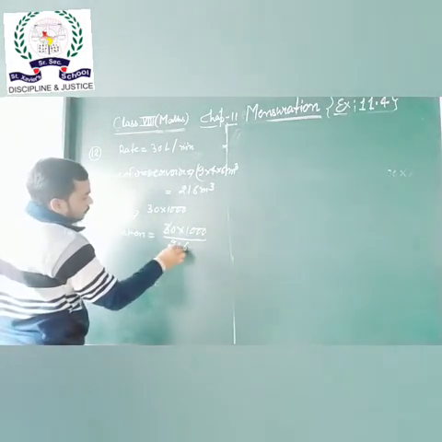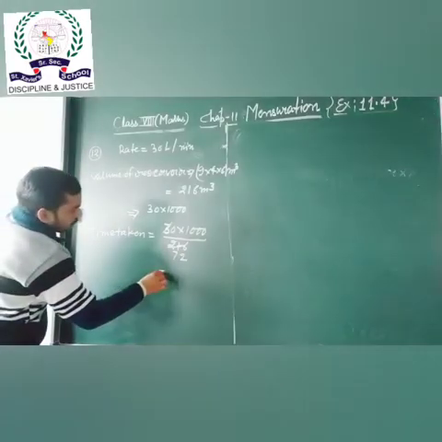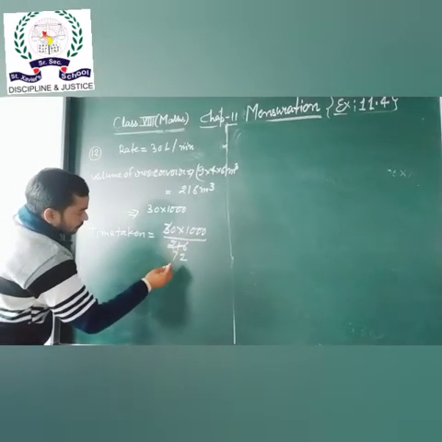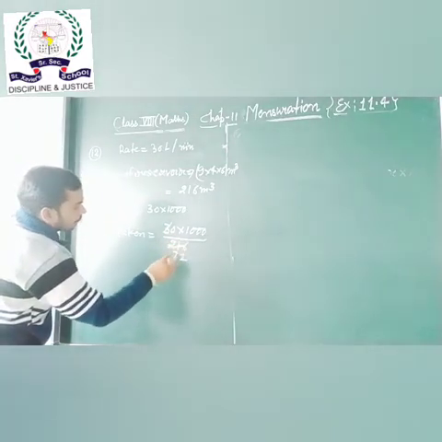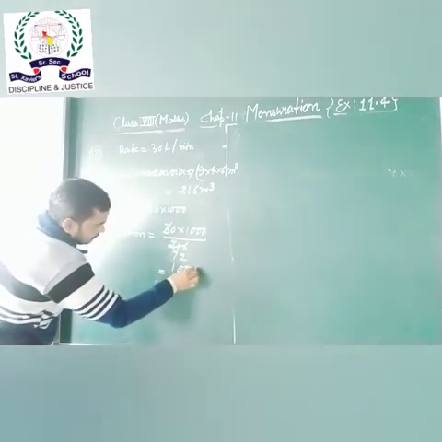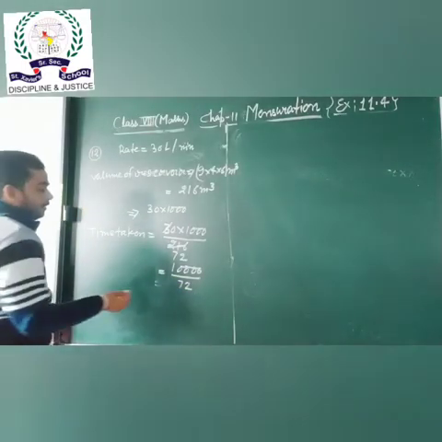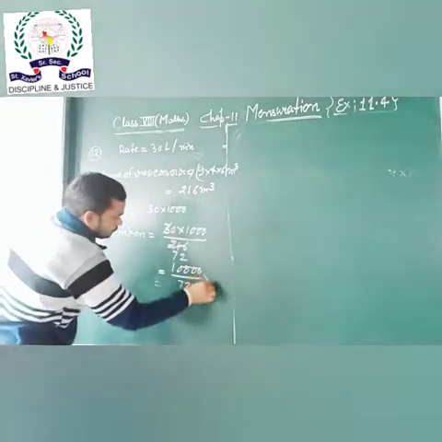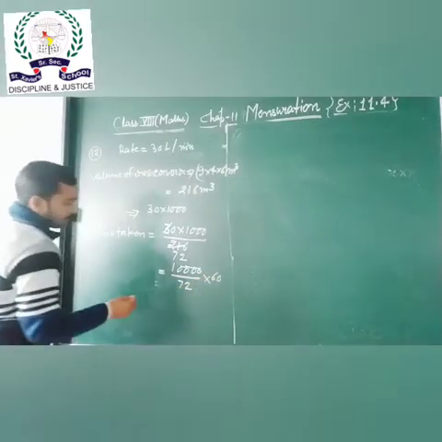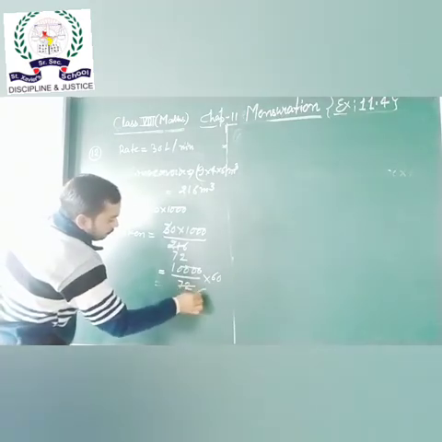So 3 7s are 21, 3 2s are 6. So we have 10,000 upon 72. Convert into hours. So 12 6s are 72, 12 5s are 60.